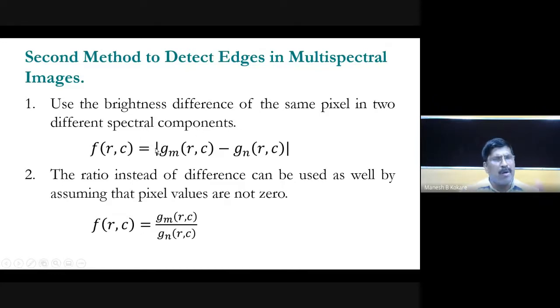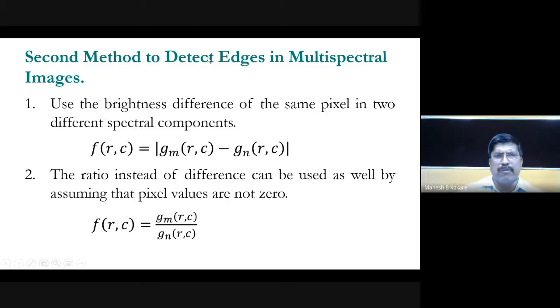For example, the first spectral component or first band is given by Z1(r, c), where r is the row and c is the column. Z1 is the first plane, Z2 is the second plane, Z3 the third plane, Z7 the seventh plane. So you can take the difference between consecutive planes, between Z2 and Z1, or Z3 and Z2, and so on, up to Z7 and Z6.